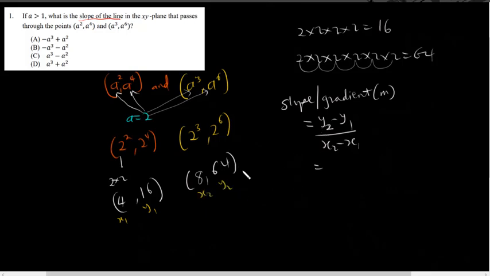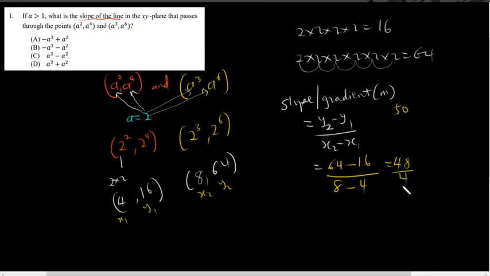So y2 is 64 and y1 is 16. x2 is 8 and x1 is 4 here. So if I subtract 16 from 64, what am I getting? If this was 14, then I'd be getting 50. So you take 2, so I should get 48 here. Okay, I'm correct.